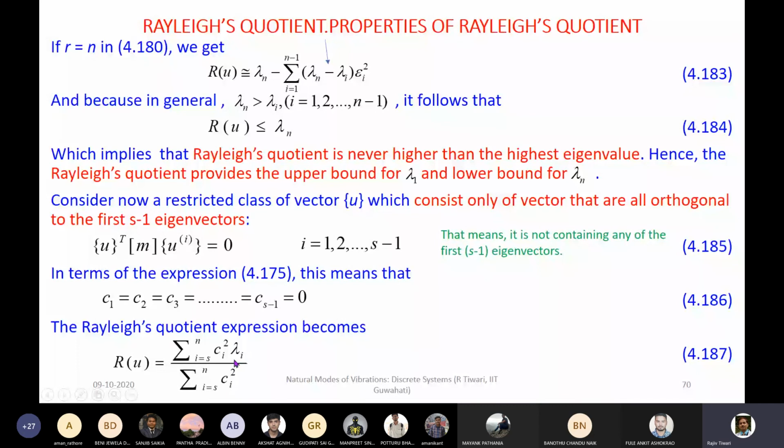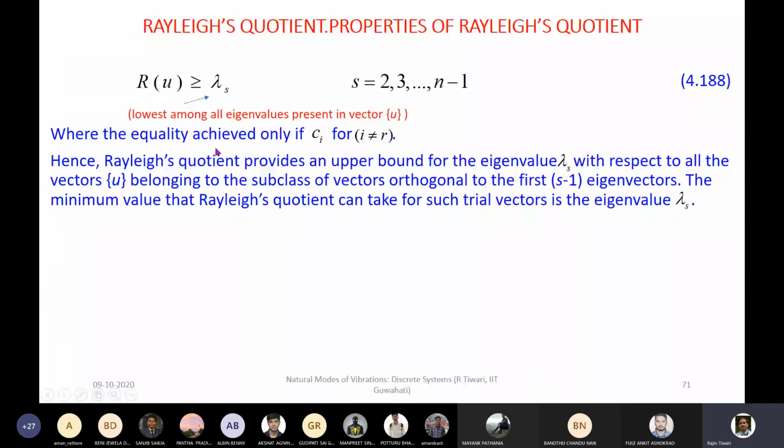Here the lowest is i equal to s among all the eigenvectors present from s to n. So this ratio will be more than or equal to this, where s can be 2, 3, 4 up to n minus 1, because s equal to 1 we already took previously, and n also we took previously.